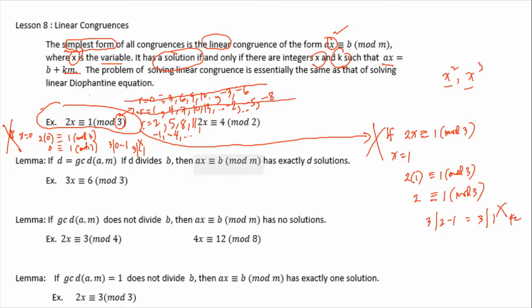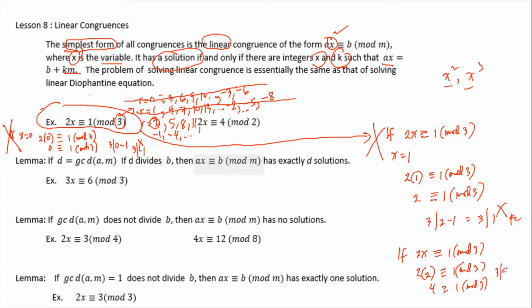Correct? Now the last, if x is equal to 2. If 2x is congruent to 1 modulo 3, then 2 times 2 is congruent to 1 modulo 3, so you have 4 is congruent to 1 modulo 3. Is it true?